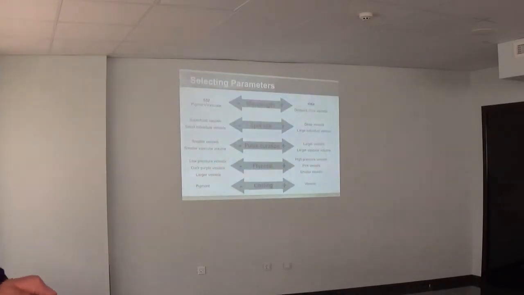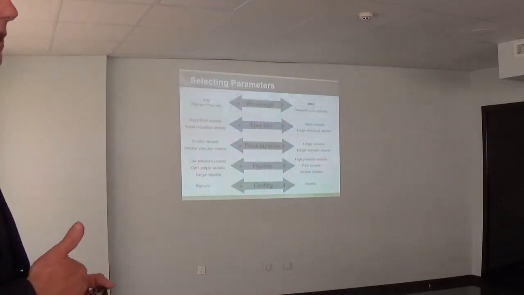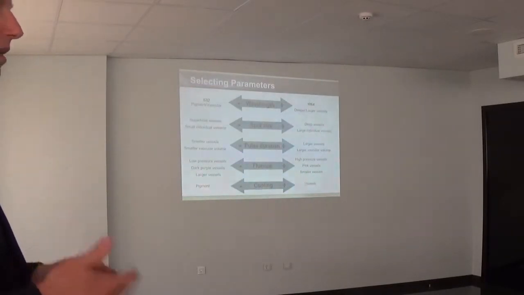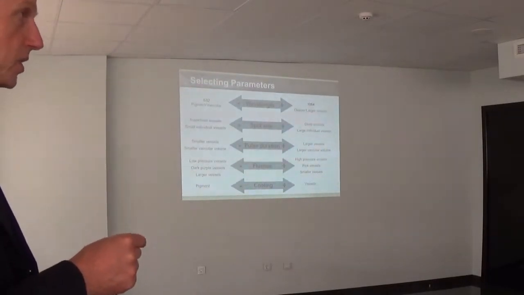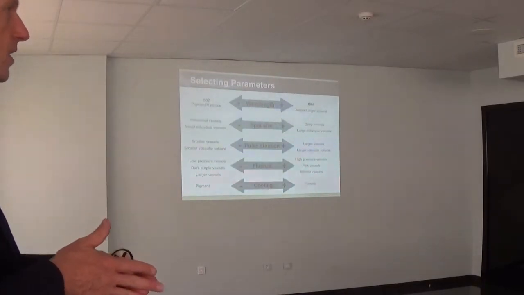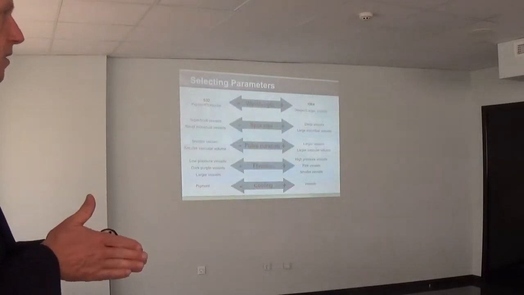So the smaller the vessels are, the shorter the pulse duration should be. Otherwise, if the pulse duration is too long, we will not heat that small structure fast enough, and we will lose part of the energy to the surroundings. So it needs to be fast enough.